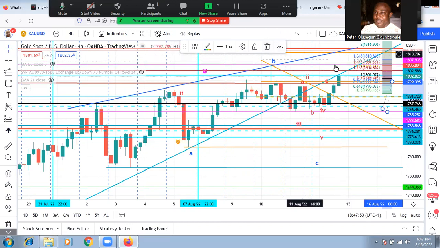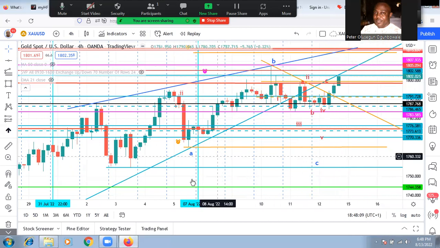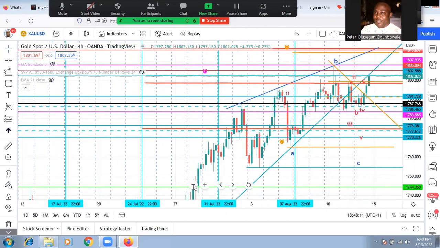And if that happens, it's a leading diagonal. For a leading diagonal, we expect at least a 50 or 60, between a 61.8 to 76. So don't let us go beyond what it's giving us.